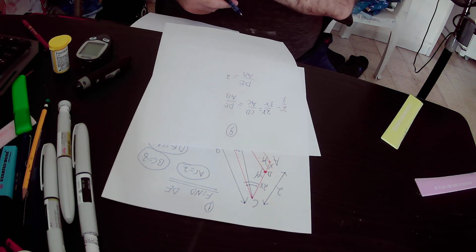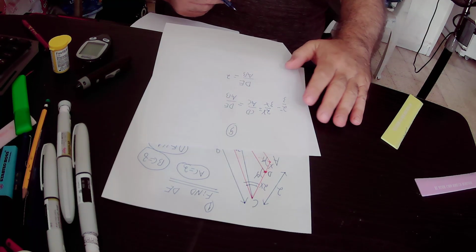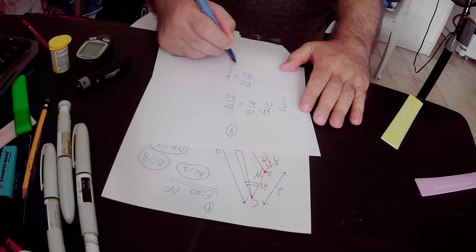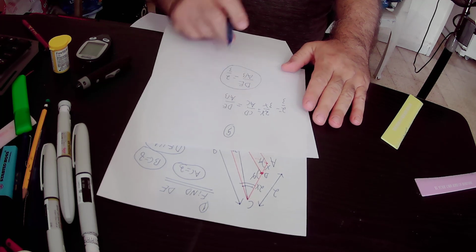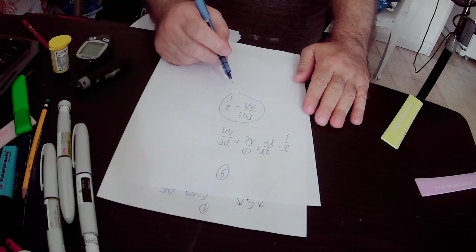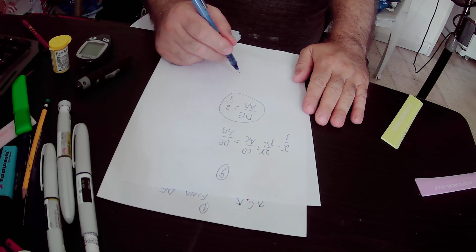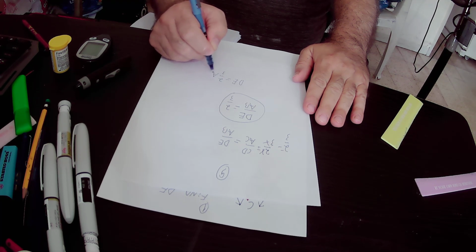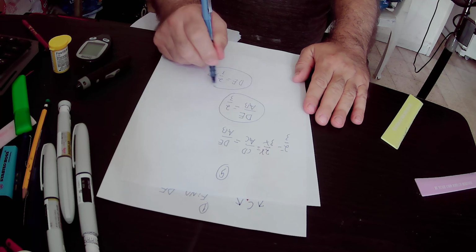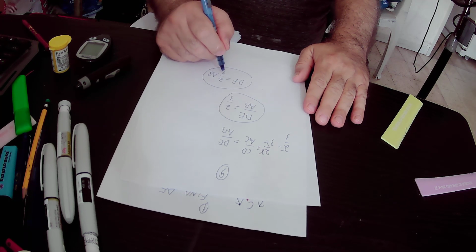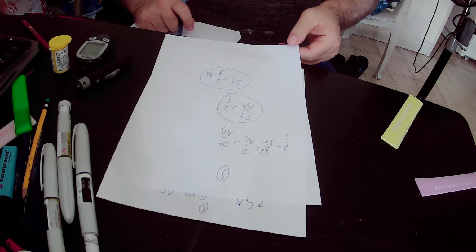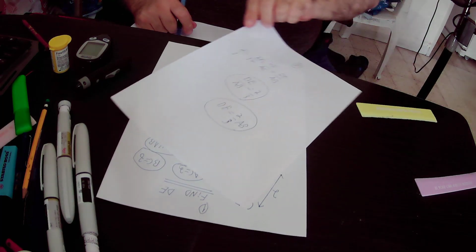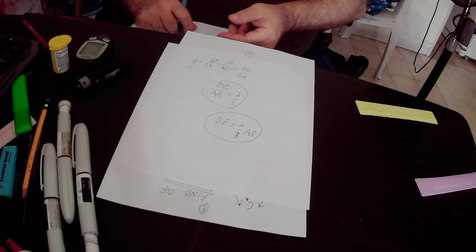So we found out that DE over AB equals 2 over 3. Here we will multiply this equality by AB, and we will get that DE equals 2 over 3 times AB.